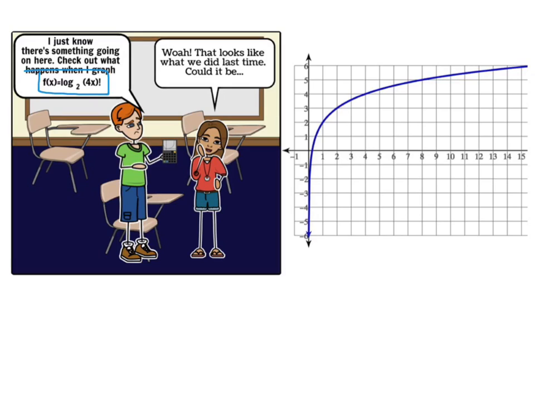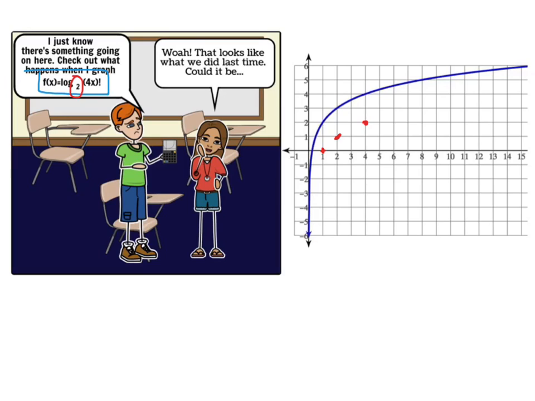So remember, when I'm sketching the graph of a log, I always have my x-intercept at 1. Since it's log base 2, I'm going to look for powers of 2. So log base 2 of 2 is equal to 1. Log base 2 of 4 is equal to 2.